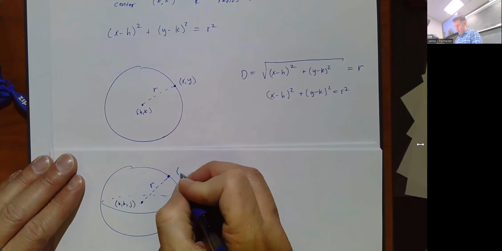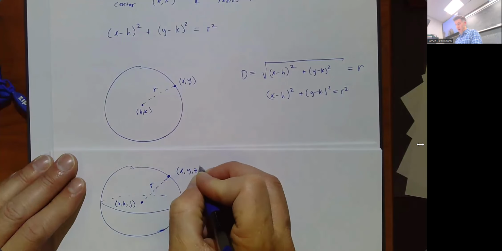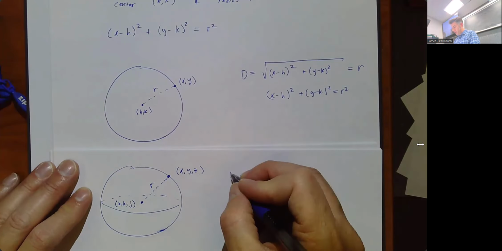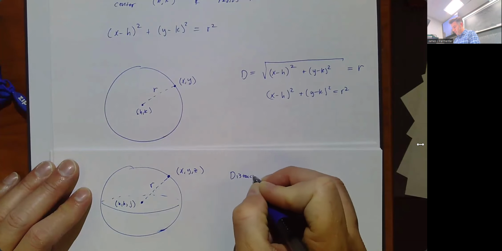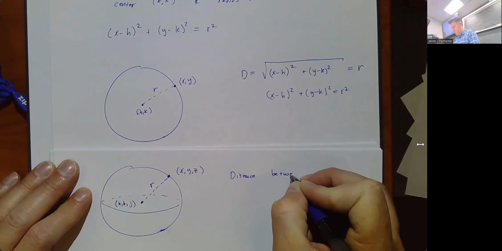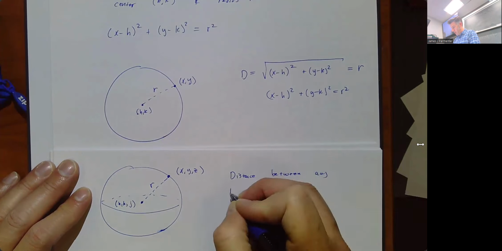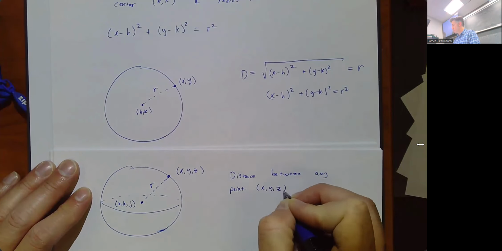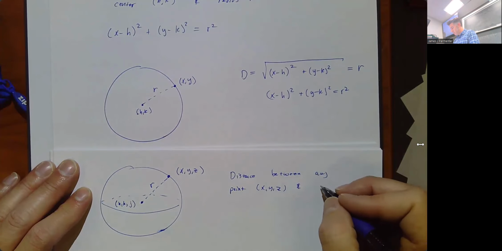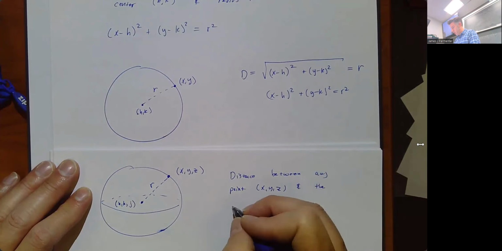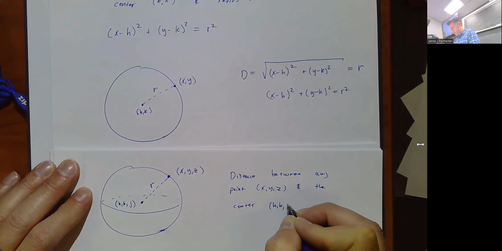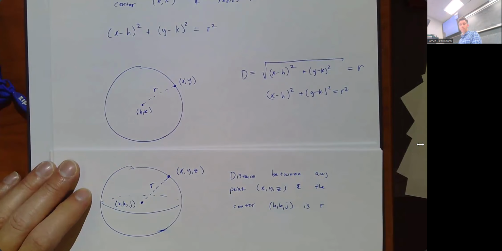And how am I going to describe any point on the sphere? Well, just like before, the distance between any point on the sphere, any point x, y, z, and the center, h comma k comma j, is r.